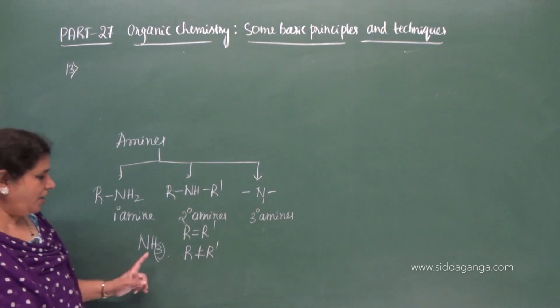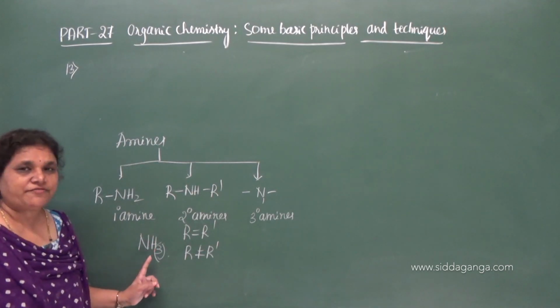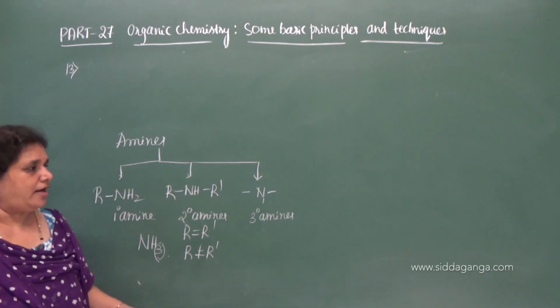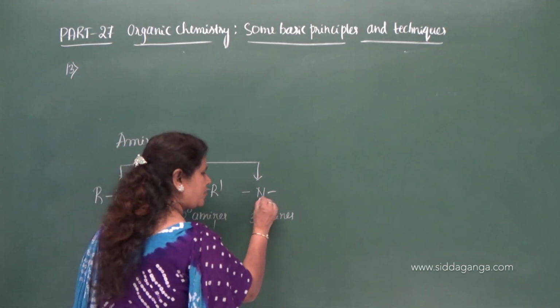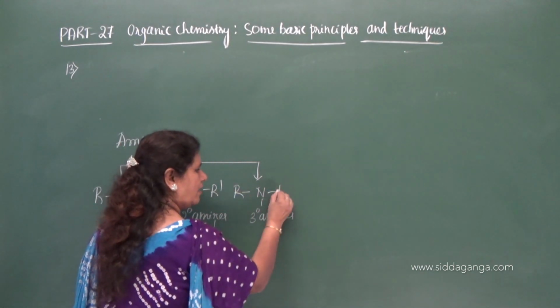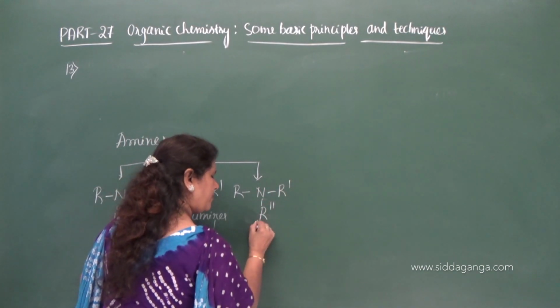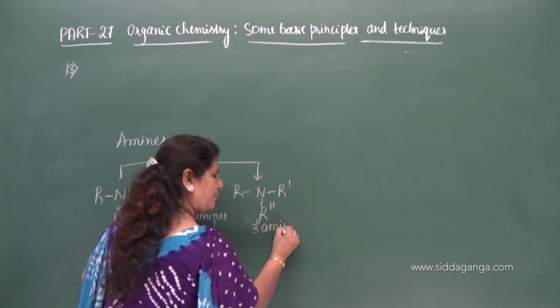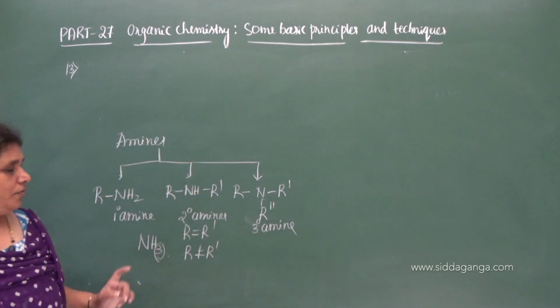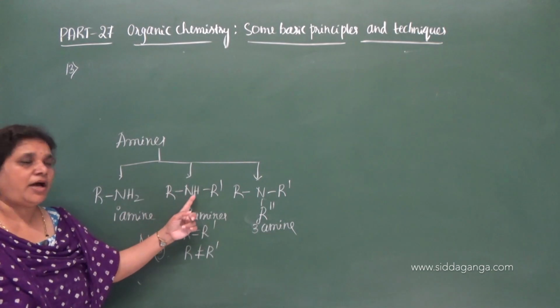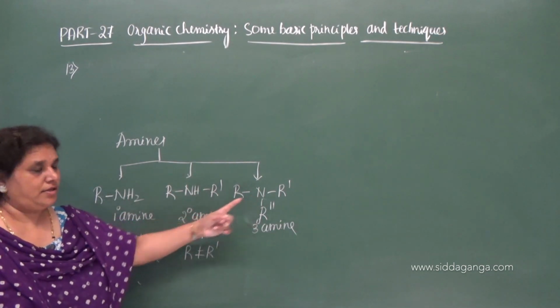Now, if all three hydrogen atoms of ammonia are replaced by alkyl groups, then you will get a tertiary amine, that is R, R dash, and here R double dash. This becomes a tertiary amine. Note down the functional group here: amino, imino, tertiary nitrogen.